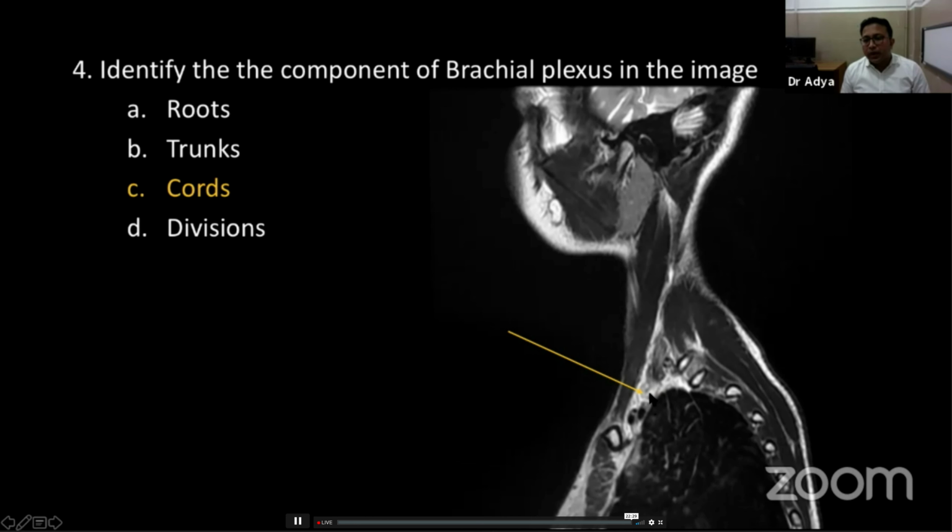This is the subclavian artery, and there are three relatively hyperintense structures pointed by the arrow. Since it is related to the subclavian artery, these are the cords of the brachial plexus. So three pieces of anatomy, scalenus anterior, medius, and subclavian artery, will help us a lot to identify and localize the abnormality within the brachial plexus.